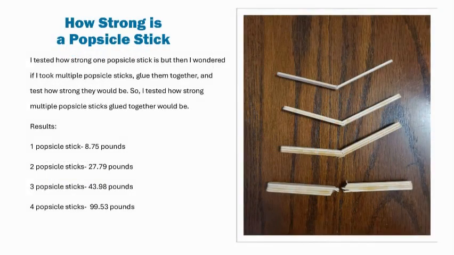I tested how strong one popsicle stick is, but then I wondered if I took multiple popsicle sticks, glued them together, and test how strong they would be. So, I tested how strong multiple popsicle sticks glued together would be. Here are my results.